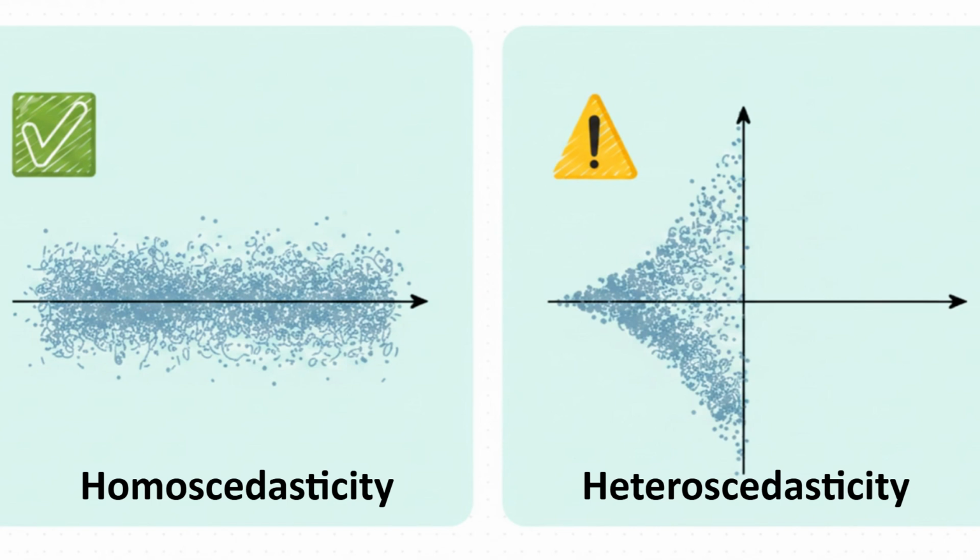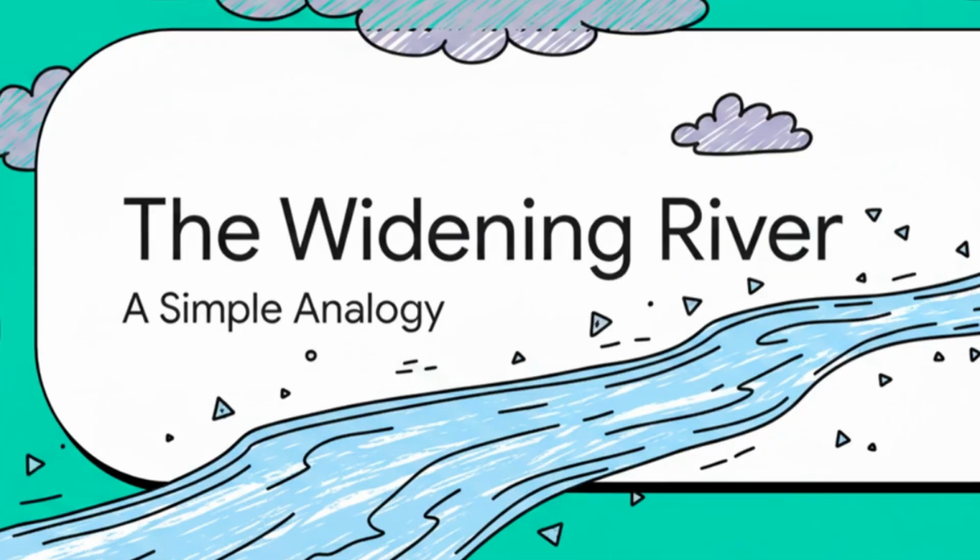Hearing terms like error variance can feel a little bit abstract. So let me use a really simple analogy to make this whole funnel idea actually stick. Just picture a river up in the mountains where it starts. It is just a tiny narrow stream, right? Its path is super predictable.